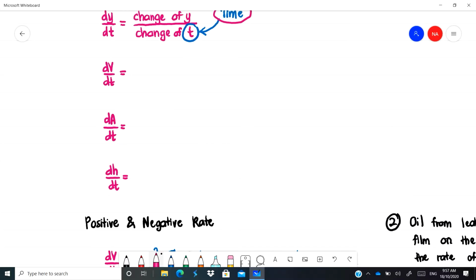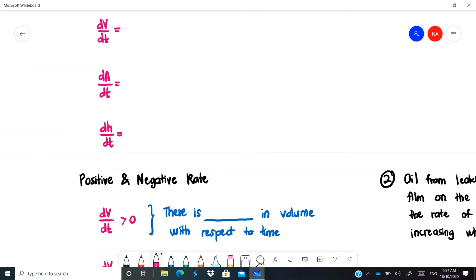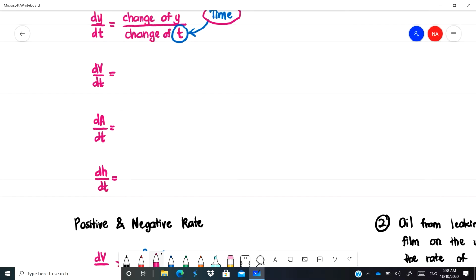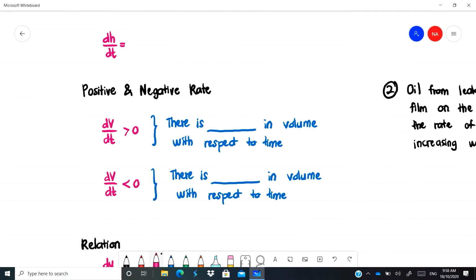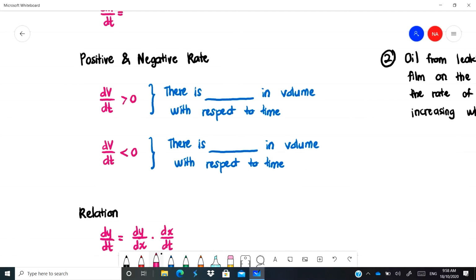Next, dA over dt, which is the rate of change of area, should be the change of A with respect to the change of time. Next, dh over dt, let's say you have the rate of change of height. So you will have dh over dt, which is the change of h, which is height, with respect to the change of time.